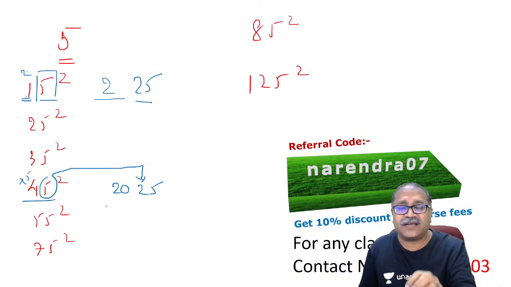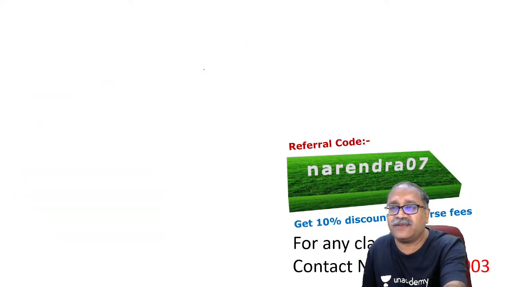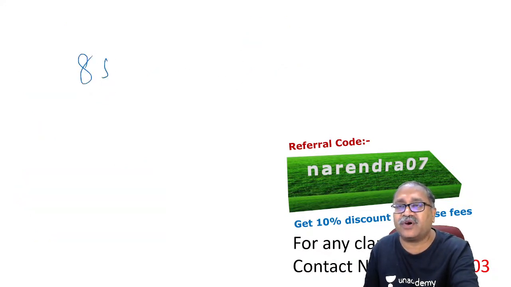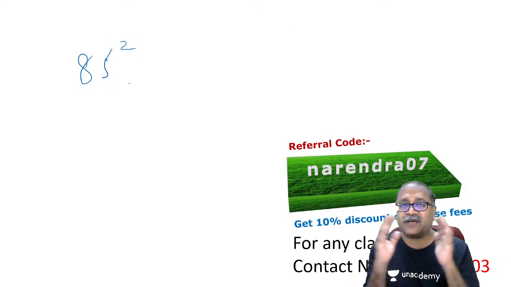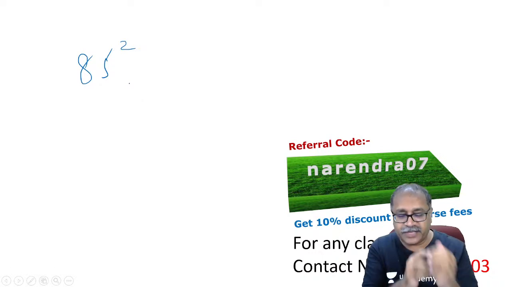Okay, if you are understanding that, may I ask you what is 85 square? I will clean this and simply write it down. Can you find 85 square? Come on my friends.